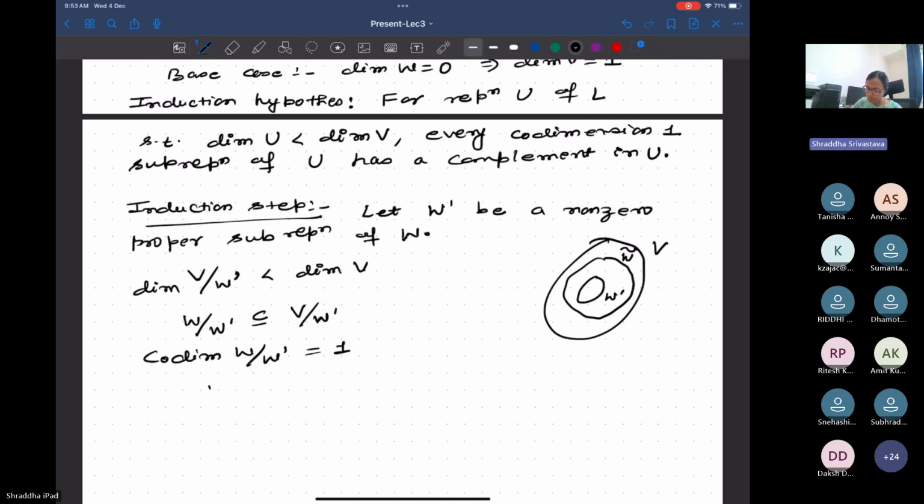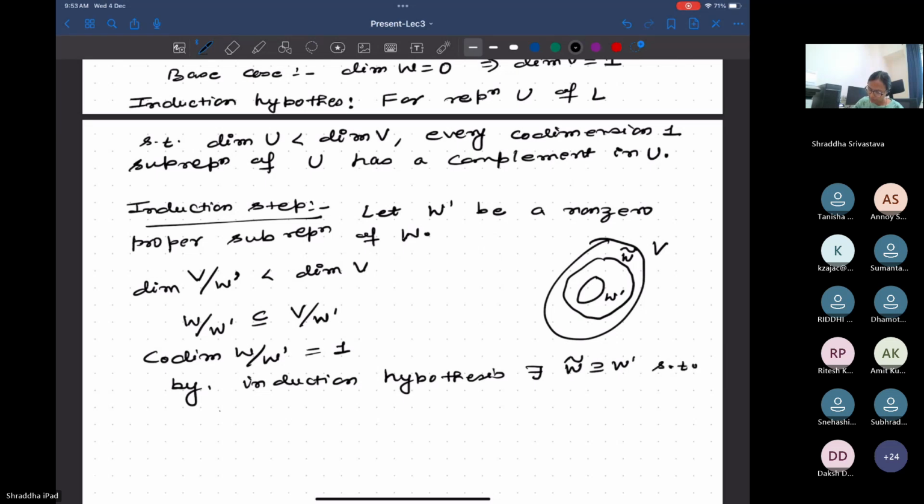So by how subspaces correspond in the quotient space, by the induction hypothesis, there exists W tilde containing W prime, such that V mod W prime is equal to W mod W prime direct sum W tilde mod W prime. Okay, this we can do.